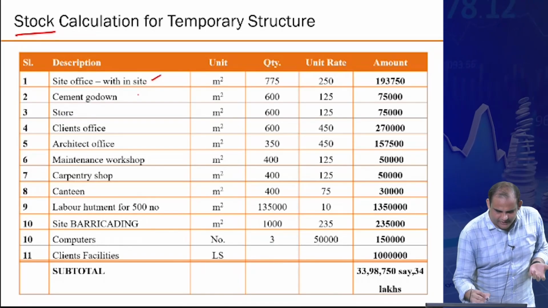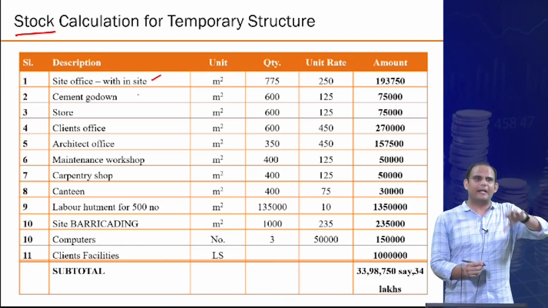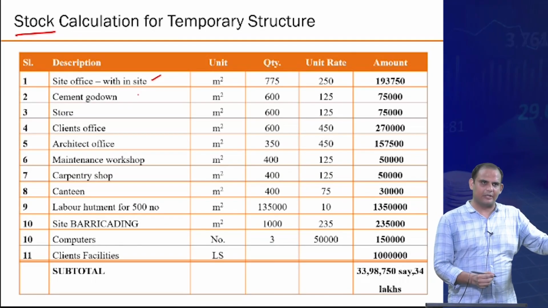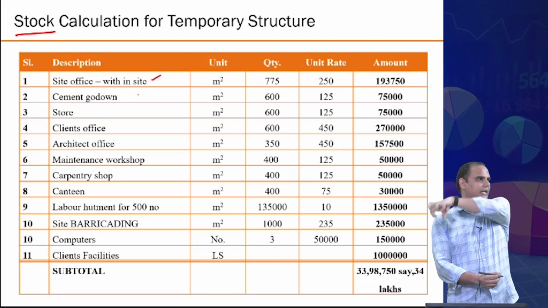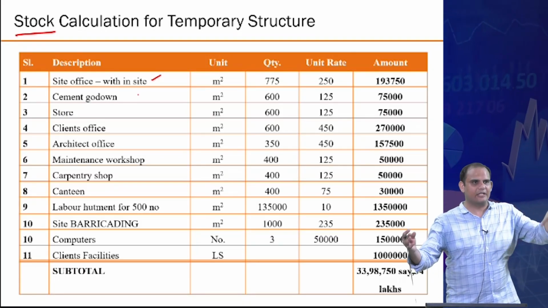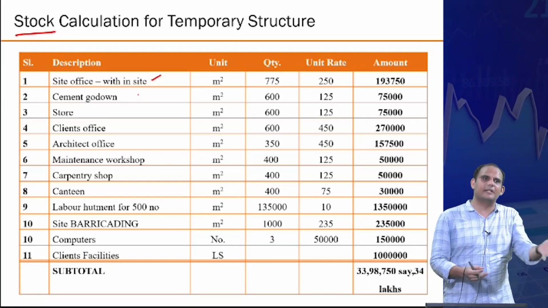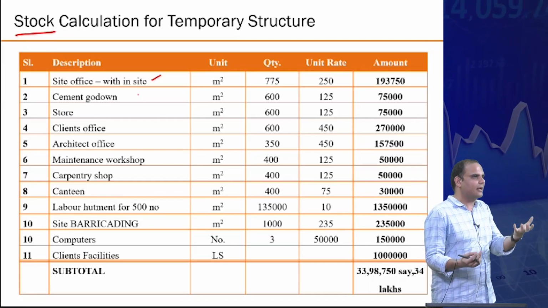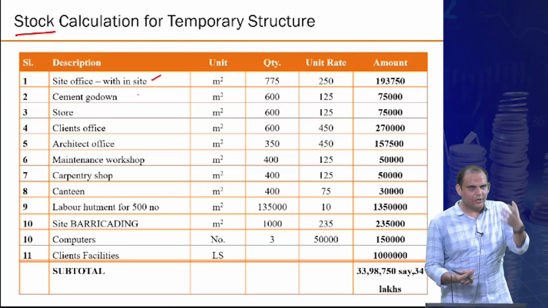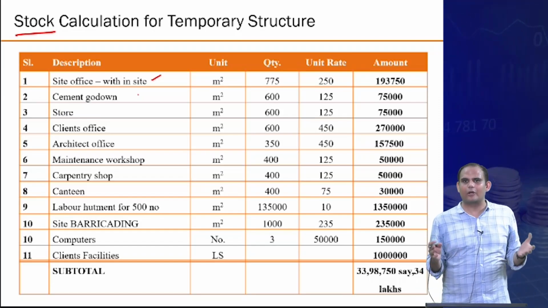So the site office, because typically site offices are temporary structures which can be moved from one place to another. Like you will see those tin containers fitted with AC and all. That is not dismantled after the site. It just goes to something else. So it's owned by the company. It's an asset of the company. So all this comes as part of the stock calculation.